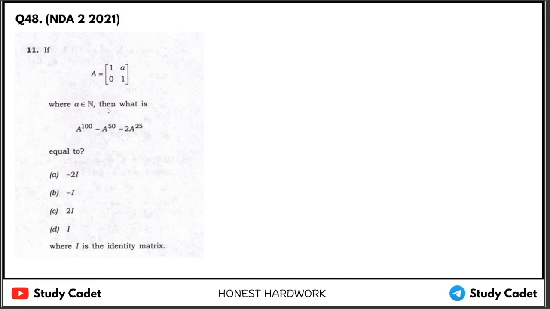If A equal to this and n belongs to natural numbers, then what is this? We need to find A to the power n. So if we do A square, the matrix [1 0; a 1], what would it be? It would be row to column.